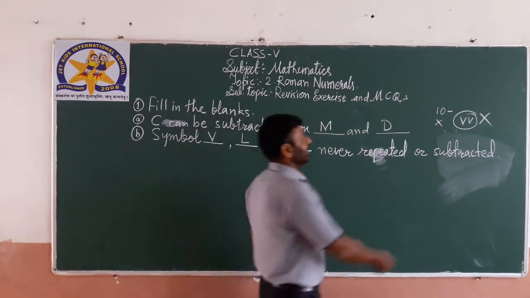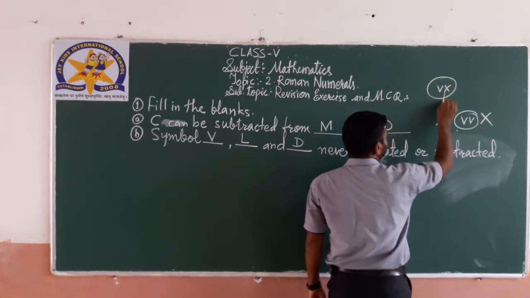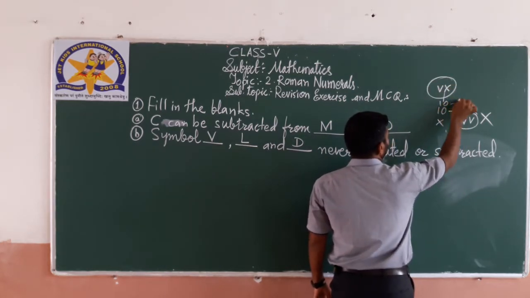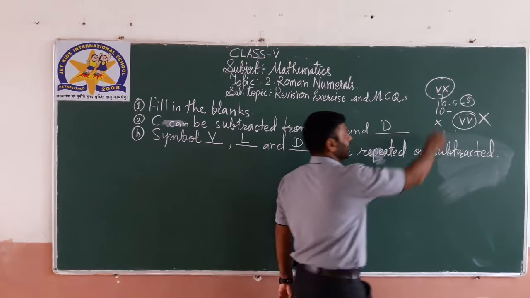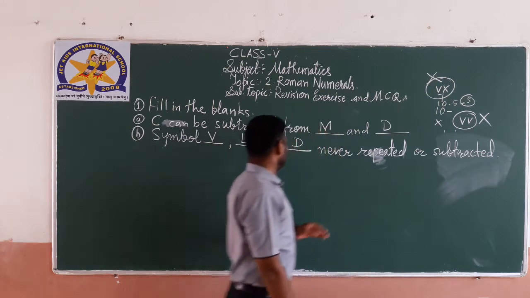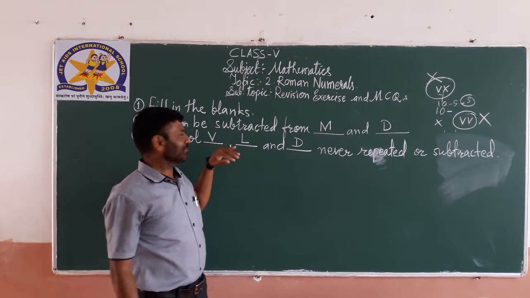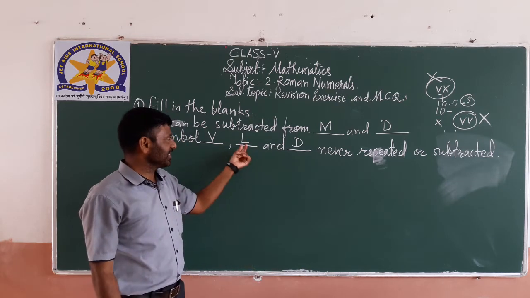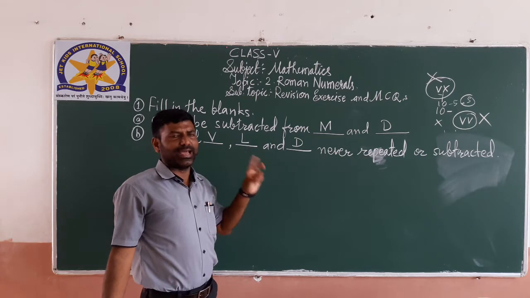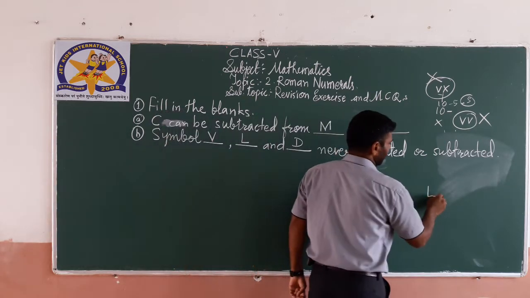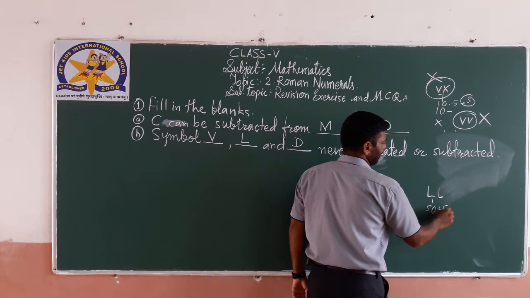Understand? We cannot write like this, VX meaning 10 minus 5. We cannot write 5 like this. So we cannot repeat or subtract V. Likewise L. If I want to write 100, I cannot write L two times, 50 plus 50.